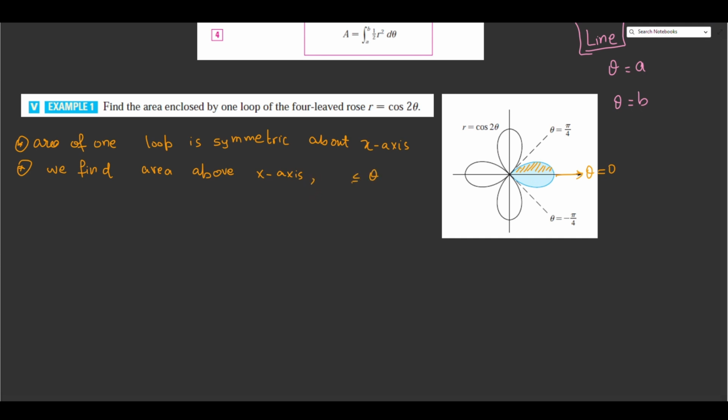Theta will vary from 0 to pi by 4, and finally at the end we multiply the answer by 2. So this is the main thing you need to remember. We multiply the answer by 2.